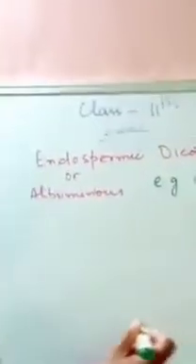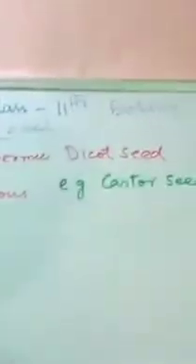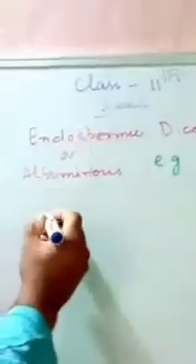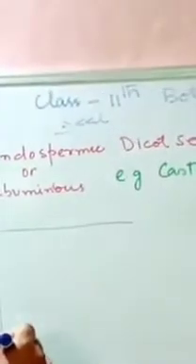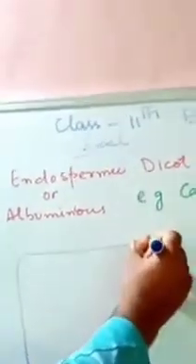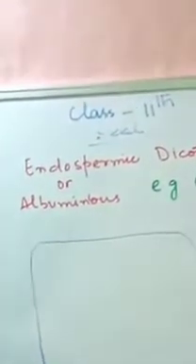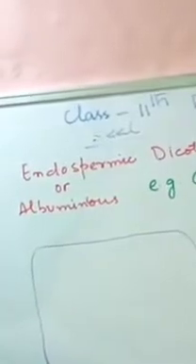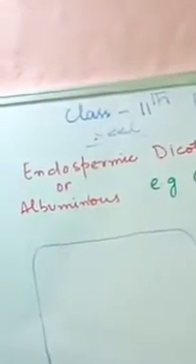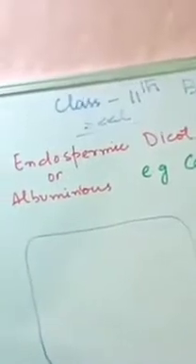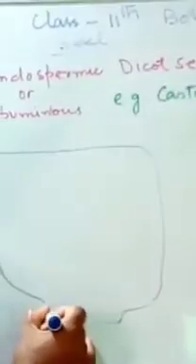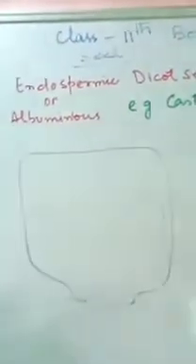If we draw the diagram, we will find the diagram like this, somewhat broader as compared to that of the non-endospermic dicot seed.